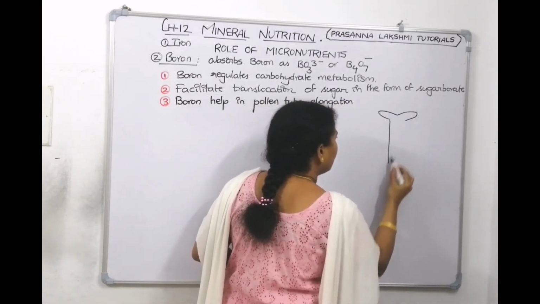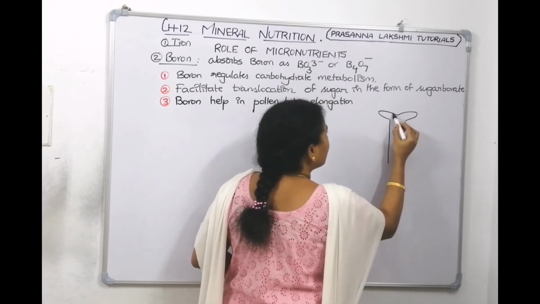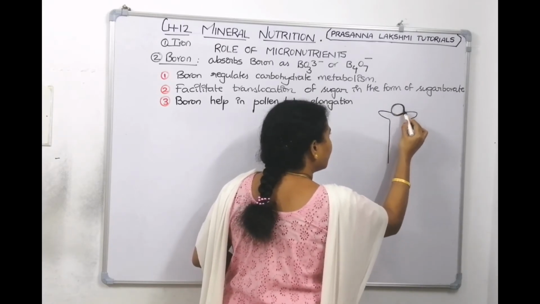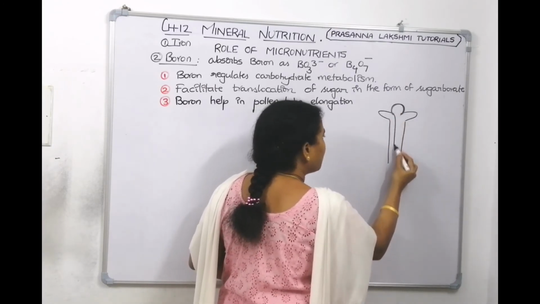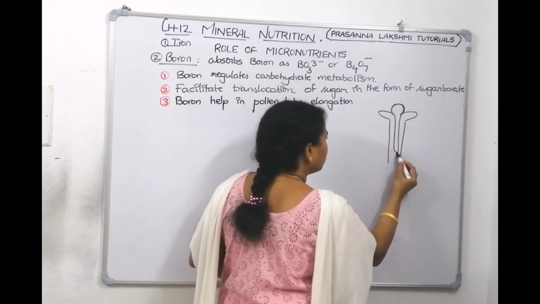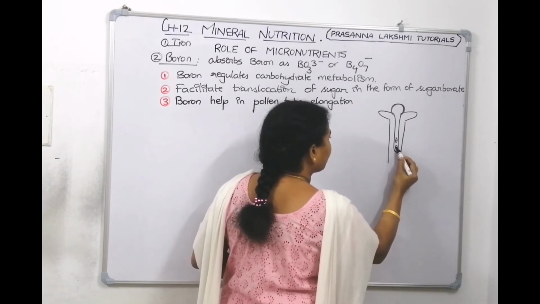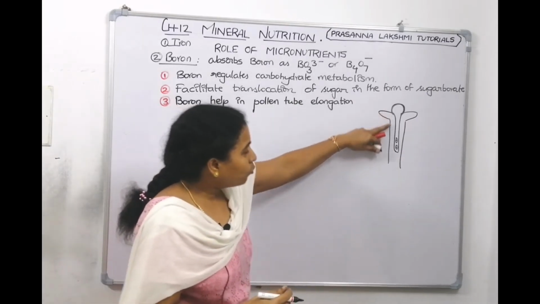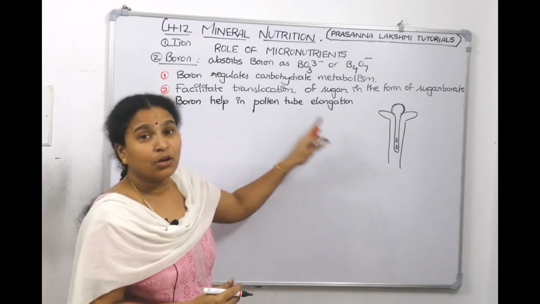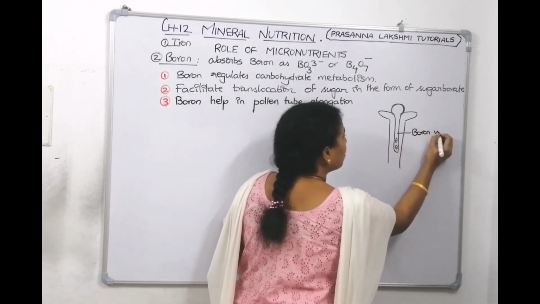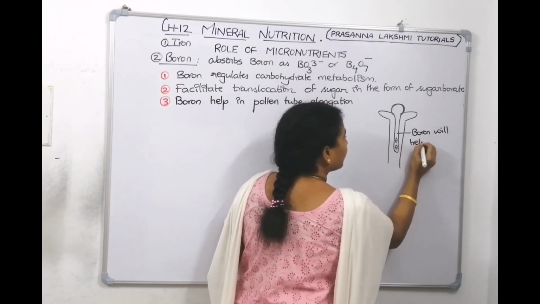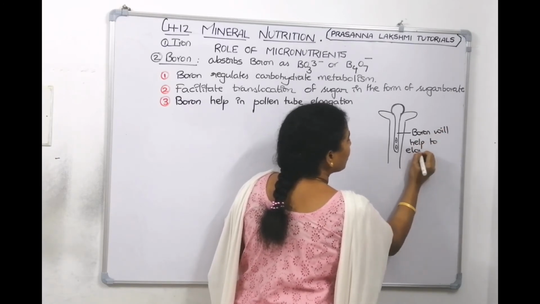So when the pollen grain lands on the stigma, it will form a pollen tube. Through this pollen tube, male gametes will come. Now the pollen tube elongation is under the control of boron. So what will boron do?